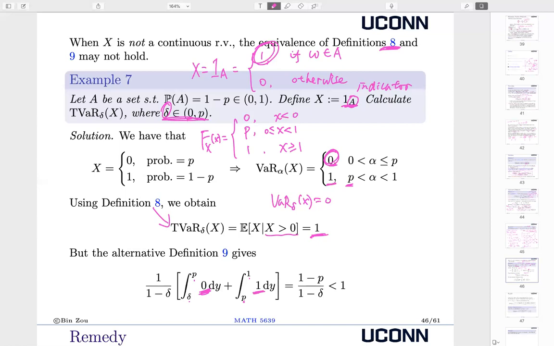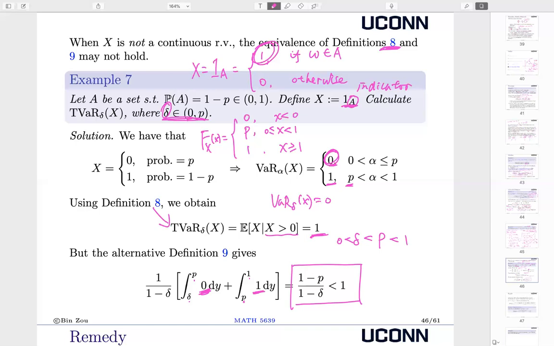Then it's easy to see the result would be (1 minus p) divided by (1 minus delta). This is obviously a number less than 1, because delta is less than p and greater than 0, so they are all less than 1.